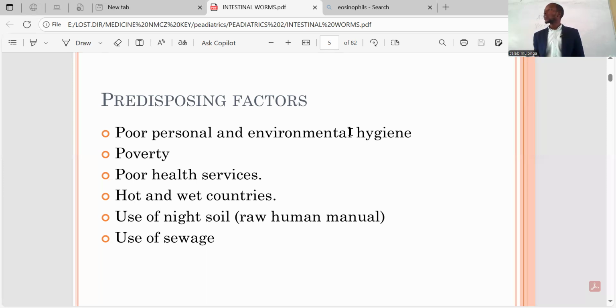But you find that in an area where people are poor, we cannot afford the essentials for our hygiene. So imagine people do not have soap to wash their hands. Because remember, hand washing is not only about washing hands with water alone. We also said we have to use soap. So in poverty, people will lack the essentials to maintain hygiene.